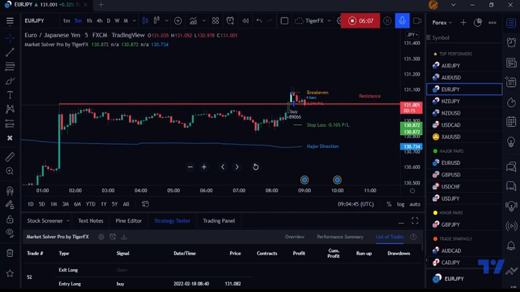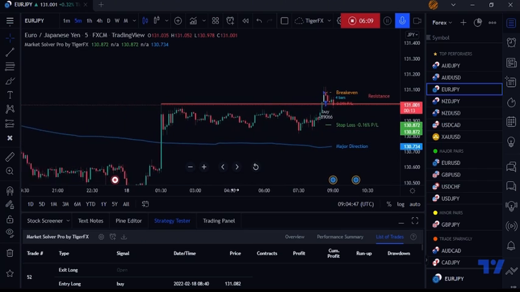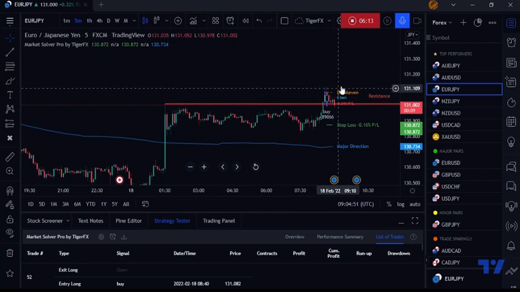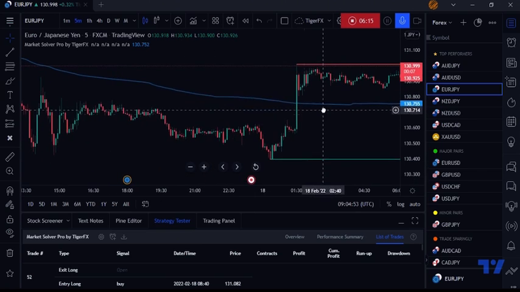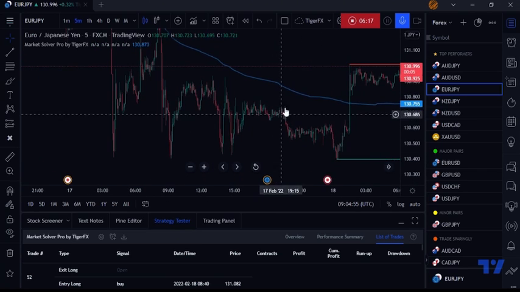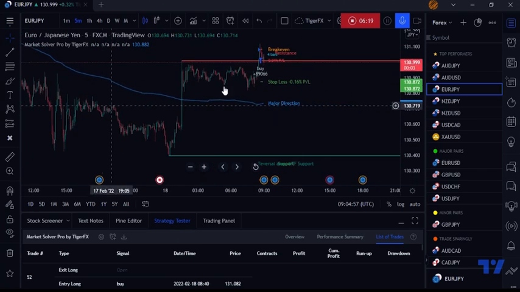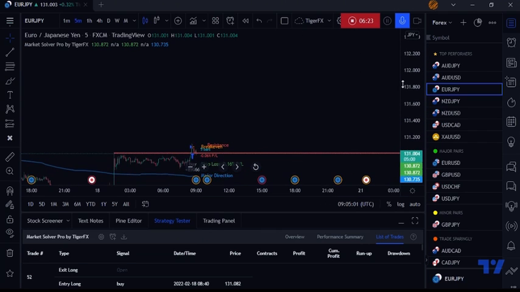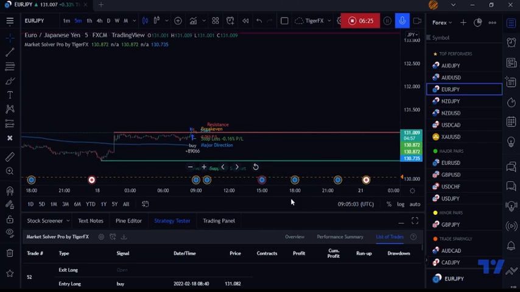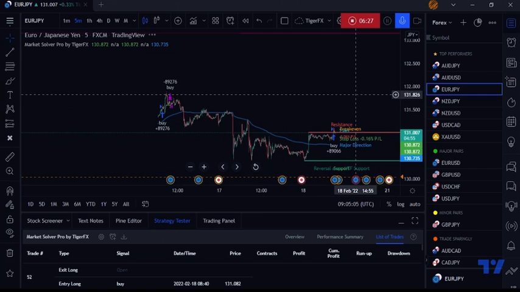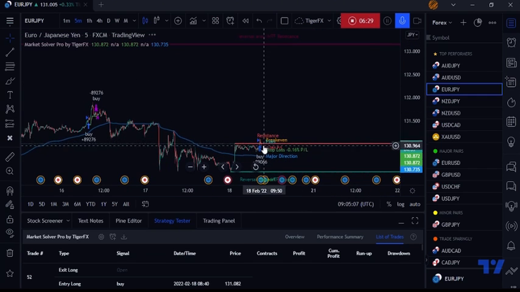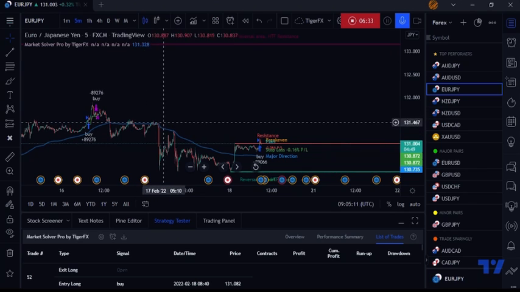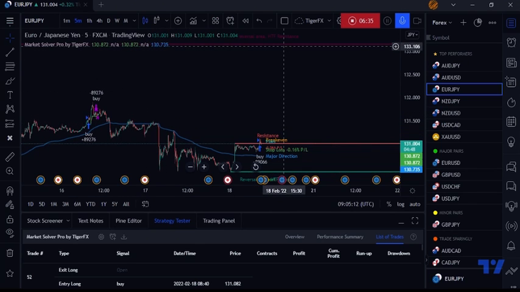My capital is still in gold, as I said, but if I get stopped out there and this continues an uptrend, I might consider scaling into Euro Yen as it tries to go back to the upside. So we might see a move on Euro Yen. If it breaks through these minor resistances here, it might try to go all the way up to 133.